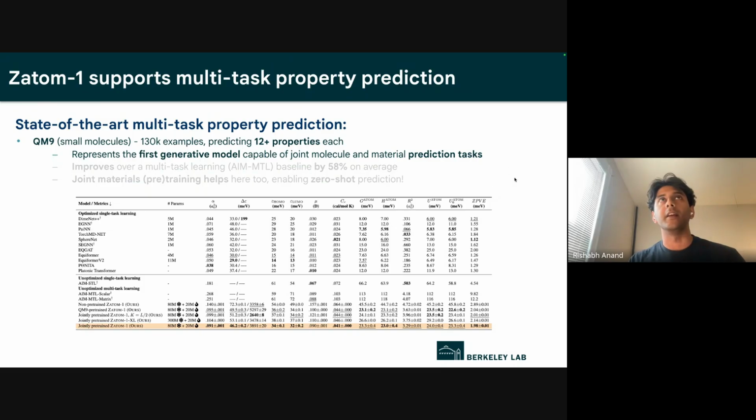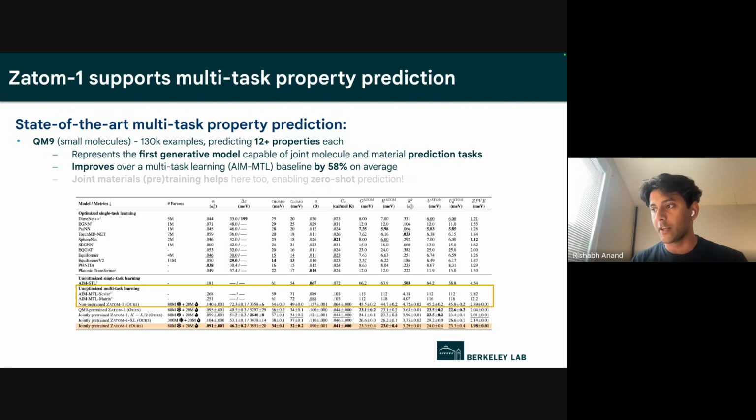So when we look at QM9 itself, there's about 12 plus properties of interest. And when we do multitask prediction, where we predict all 12 plus properties at the same time, we essentially set the new state of the art in such a regime, compared to some of these existing methods like adaptive intervention, where they do some sort of gradient-based optimization to ensure downstream prediction.